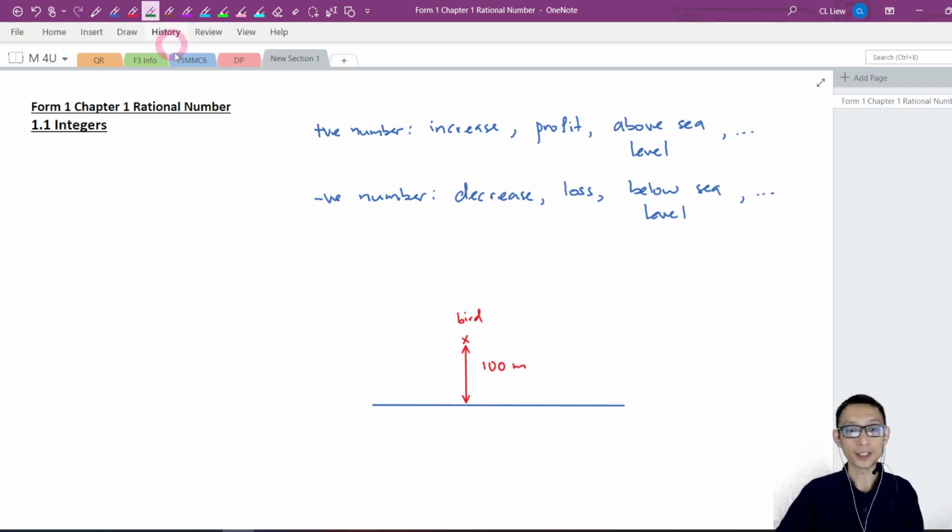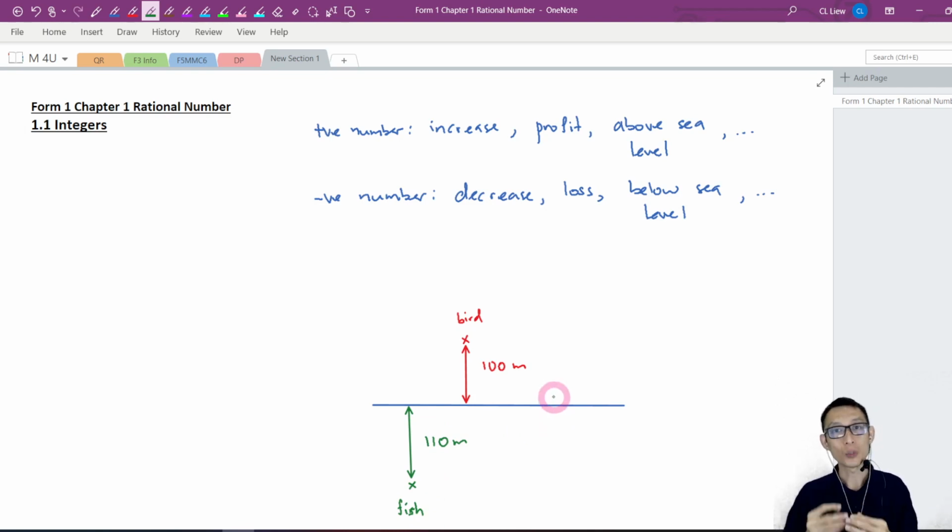And we have another, a fish, swimming below the sea level. Let's say this is the fish, 110 meter. So how do we use a number to represent their position?